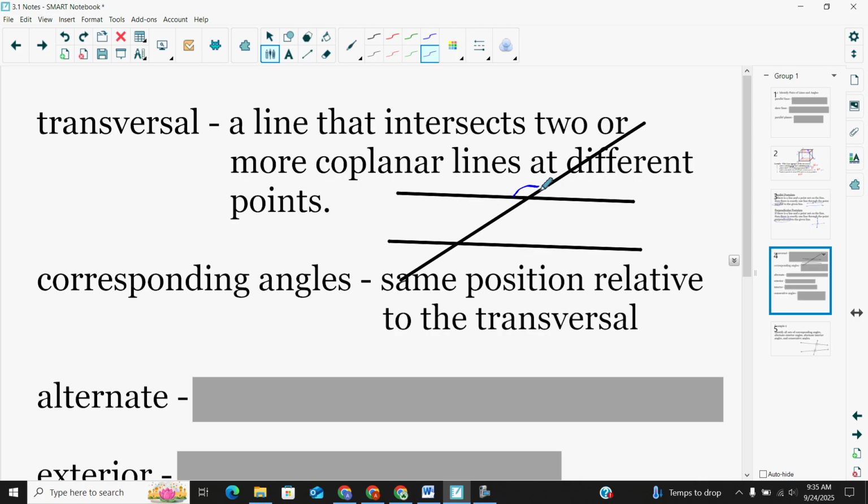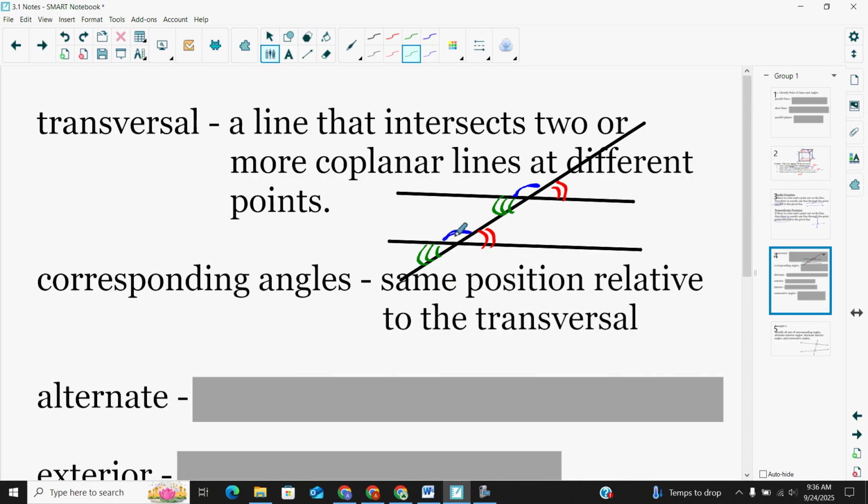This angle right here is in the top left. This one right here is the corresponding angle, top left, relative to the transversal. That angle and this angle, top right, those are corresponding angles. This one here and this one here are called corresponding angles.